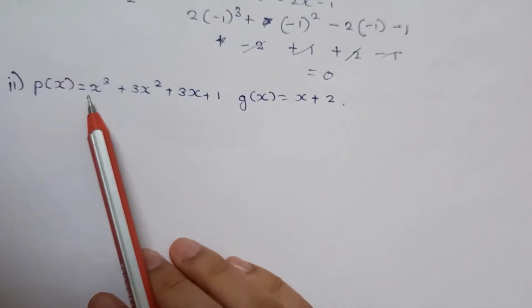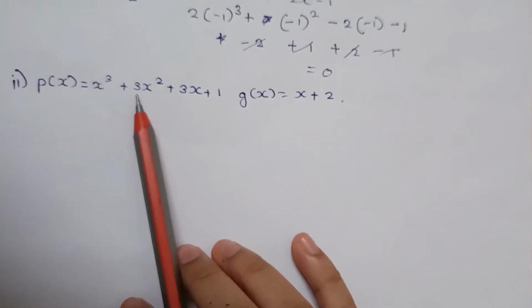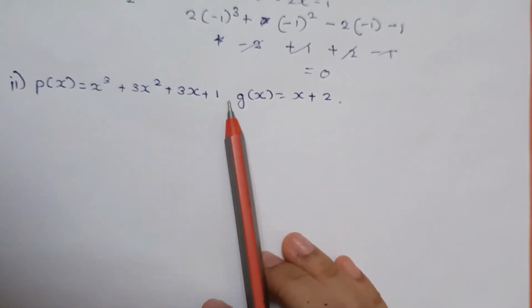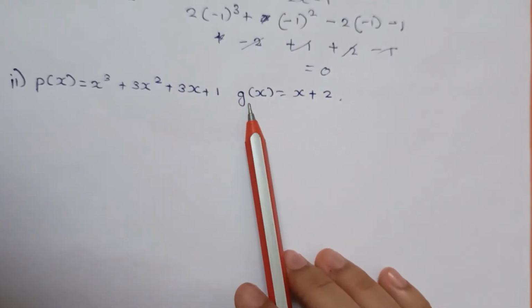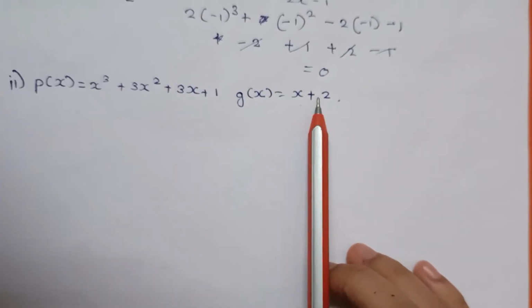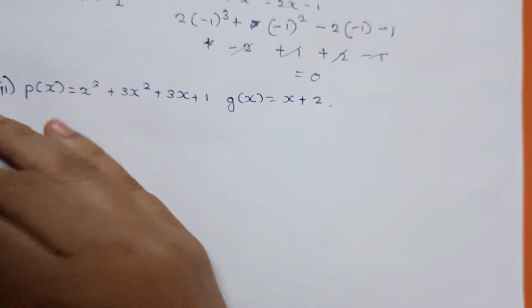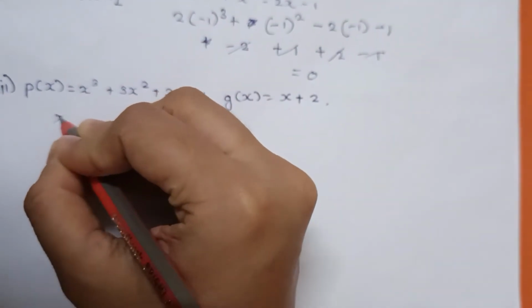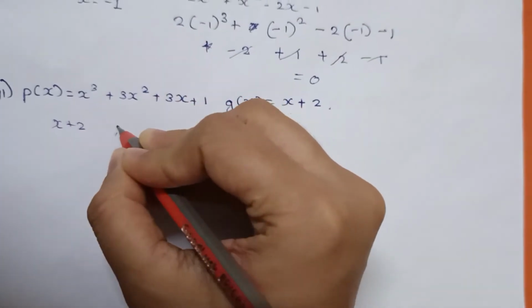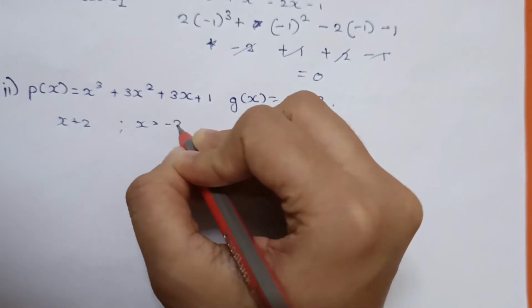Second, px is equal to x cube plus 3x square plus 3x plus 1. Your divisor, that is gx, is equal to x plus 2. So we will first find the value of x. x plus 2 equals 0, therefore x is equal to minus 2.